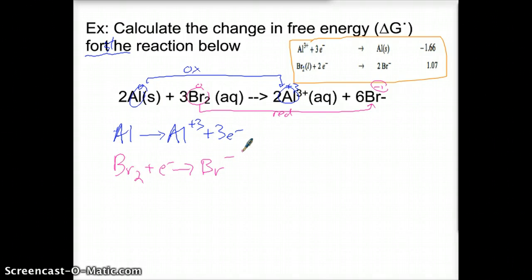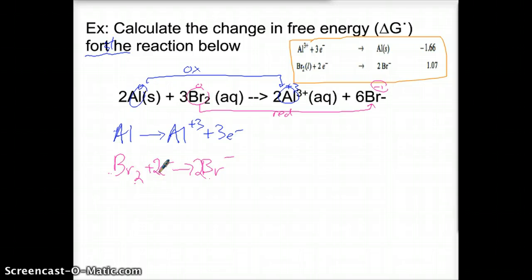Now, here's the thing. This half of the reaction is not balanced, because I have 2 bromines here and 1 here. So I need to balance it. So I need 2 bromines here. Well, if I have 2 bromines, now I have negative 1 bromine, but 2 of them. So I'm going to need 2 electrons to make this balance.